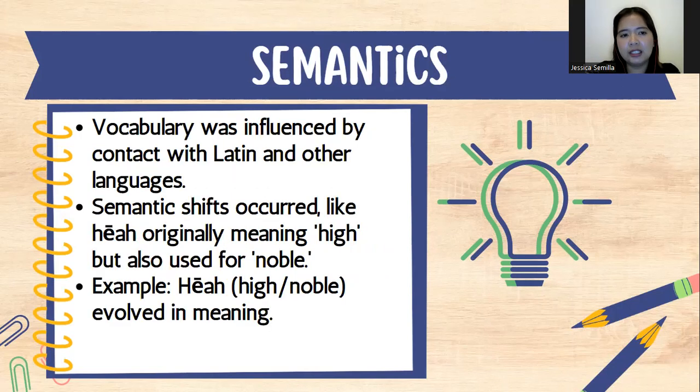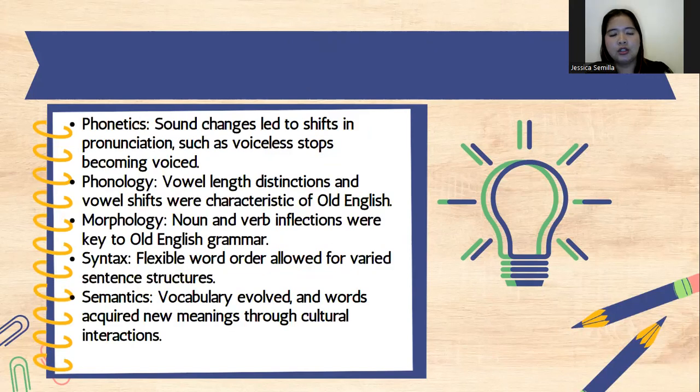For the semantics, vocabulary was influenced by contact with Latin and other languages. Therefore, semantic shifts occurred, like heya, originally meaning high, but also used for noble. So high and nobility can evolve into the same meaning. Heya means high or noble, evolving into different synonyms. For phonetics, sound changes led to shifts in pronunciation, such as voiceless stops becoming voiced.